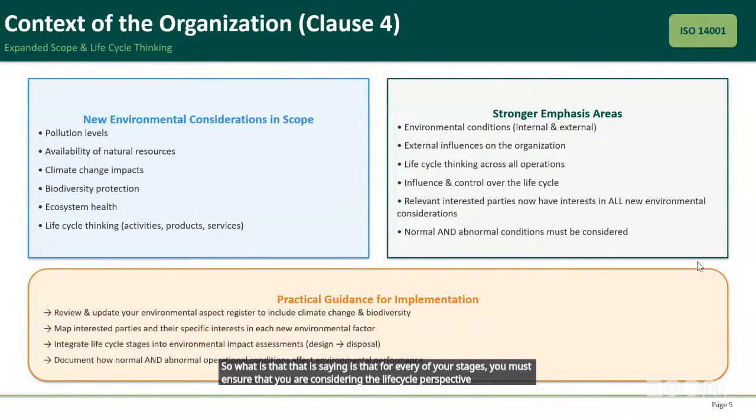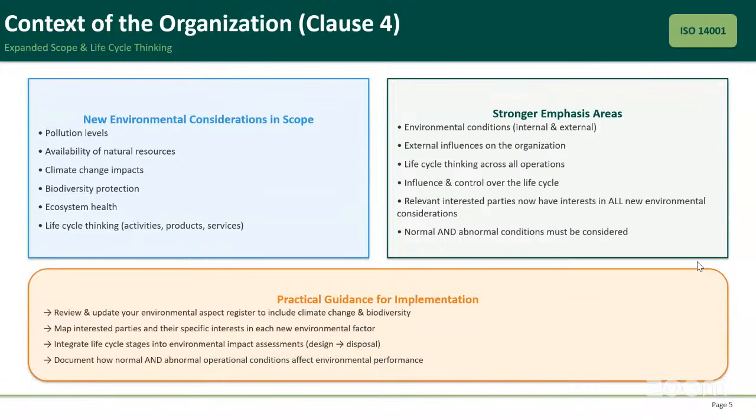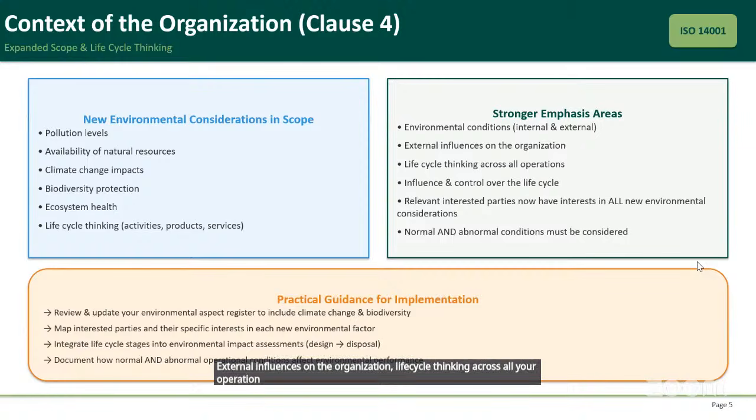And there's stronger emphasis on environmental conditions, both internal and external, which is also in the earlier version: external influences on the organization, and life cycle thinking across all your operations, like I've said.